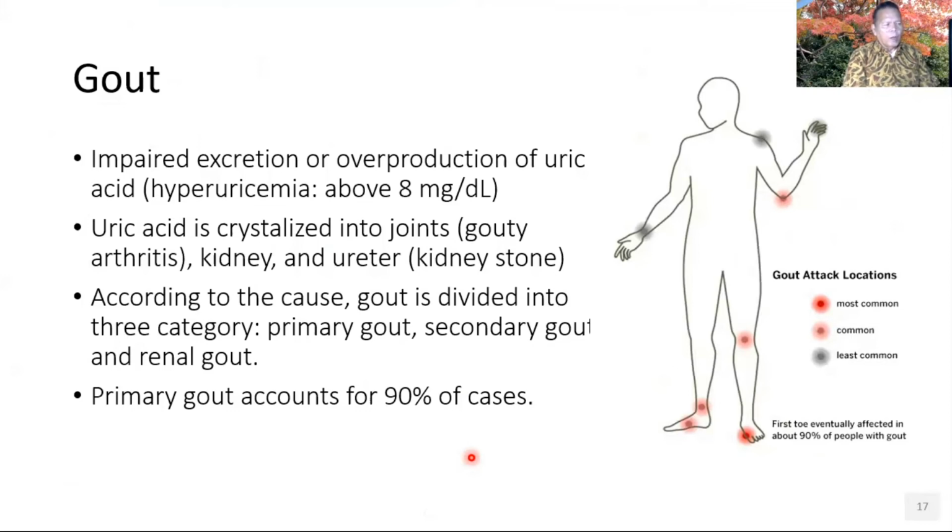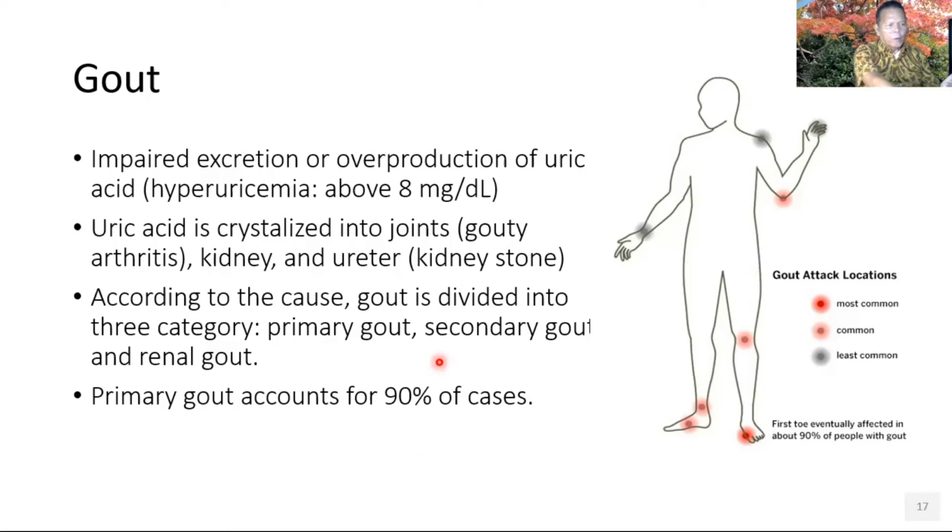Hyperuricemia is a condition in which the concentration of uric acid is above 8 milligrams per deciliter, and this uric acid crystallizes in joints, causing gouty arthritis, and in the kidney and ureter. According to the cause, gout is divided into 3 categories: primary gout, secondary gout, and renal gout. Primary gout accounts for 90% of cases.